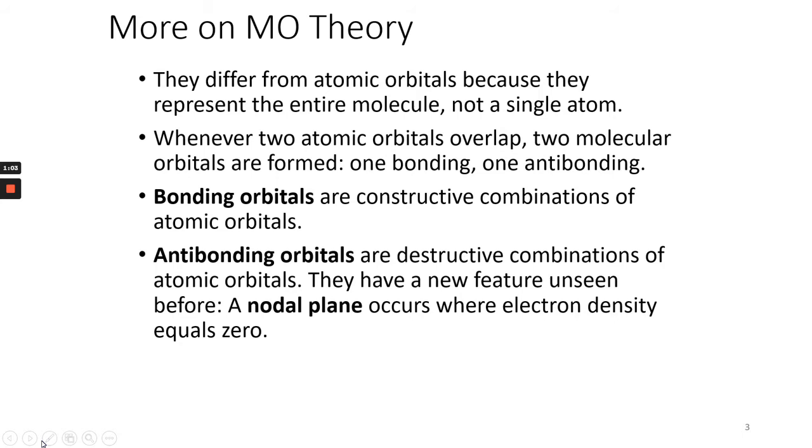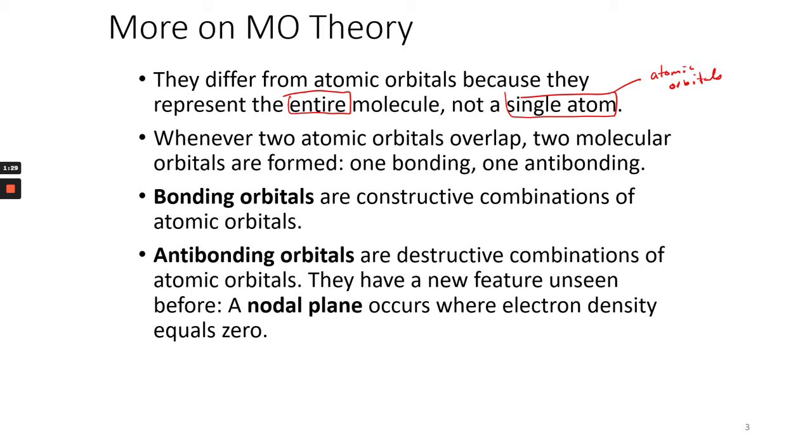They differ from atomic orbitals because they represent the entire molecule, not just a single atom, okay? Single atoms are atomic orbitals, and the entire molecule are your molecular orbitals. Whenever 2 atomic orbitals overlap, 2 molecular orbitals are formed: one bonding and one that we call antibonding.